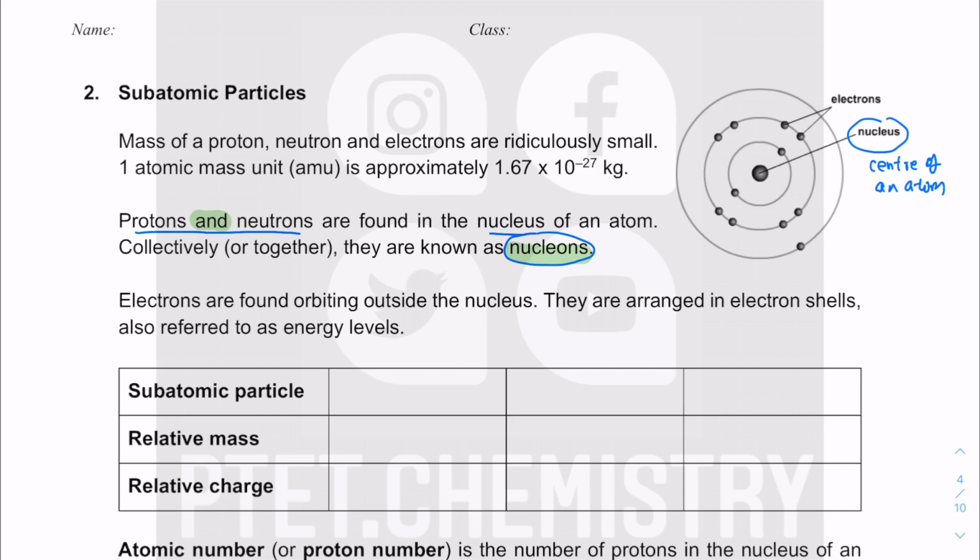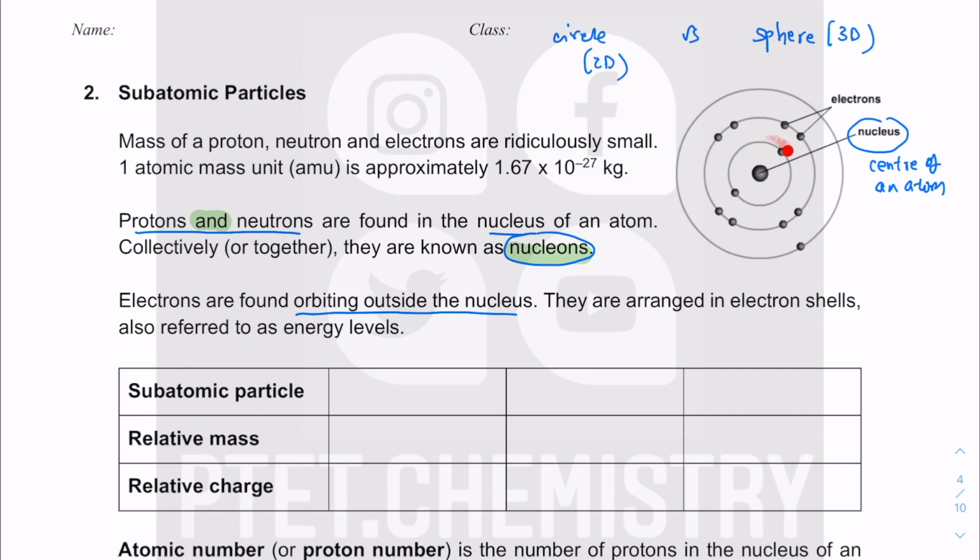Electrons are found orbiting because electrons are always moving. This is a two-dimensional diagram, that's why it's drawn as a circle, but in reality we live in a three-dimensional world, so the electrons are in a spherical arrangement. A sphere is three-dimensional versus a circle, which is two-dimensional.